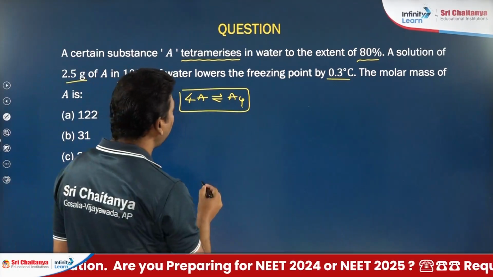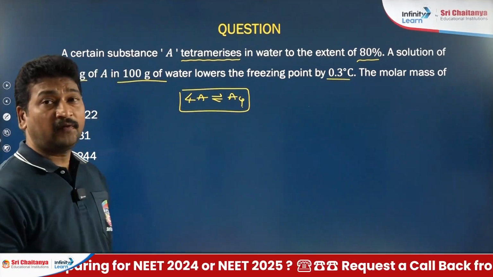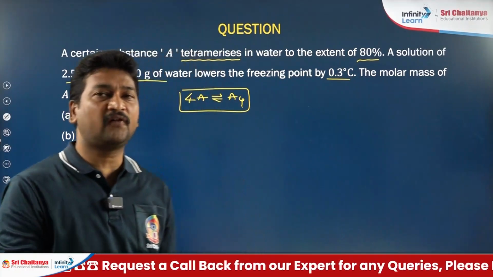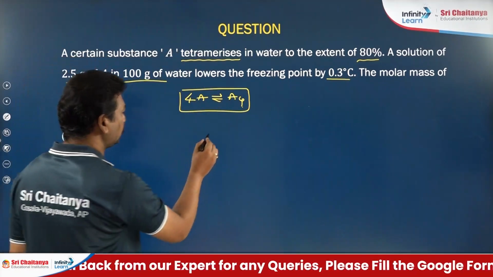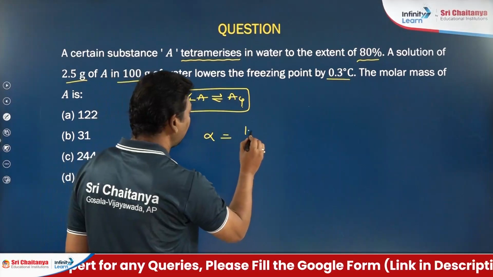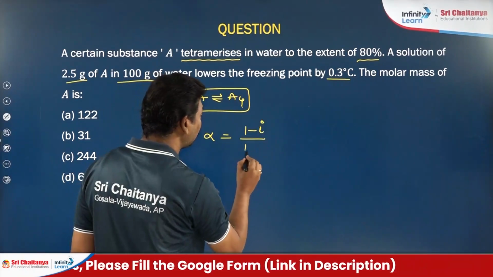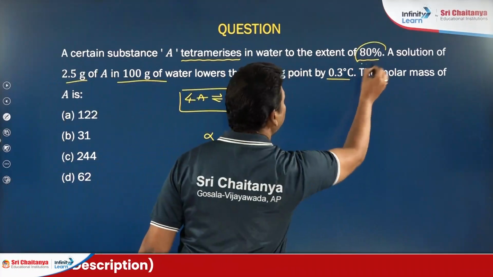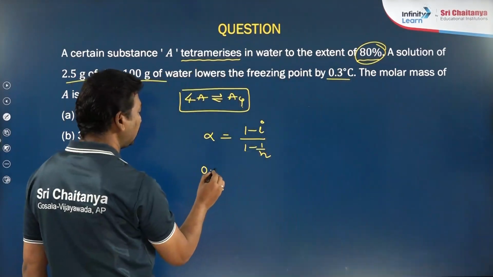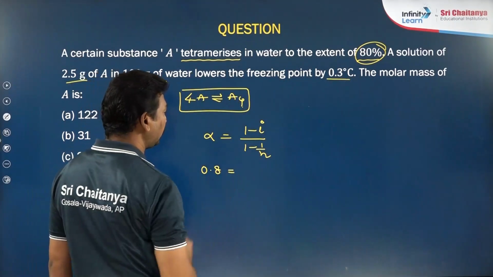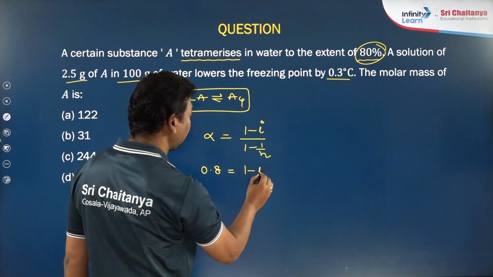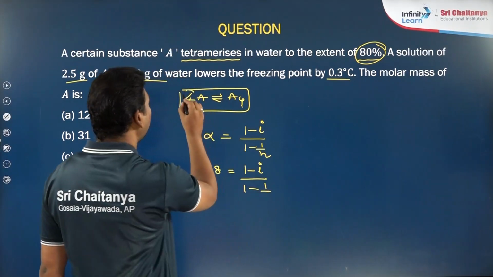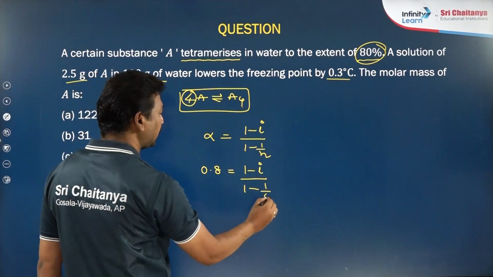So let us find the I value here. For association of the solute, what is the relation between alpha and I? Alpha is equal to 1 minus I by 1 minus 1 by N, for the association. What is the alpha mentioned here? 80%, in the sense 0.8. 1 minus I we need to find out. 1 minus 1 by, how many molecules of A are tetramerizing here? 4.